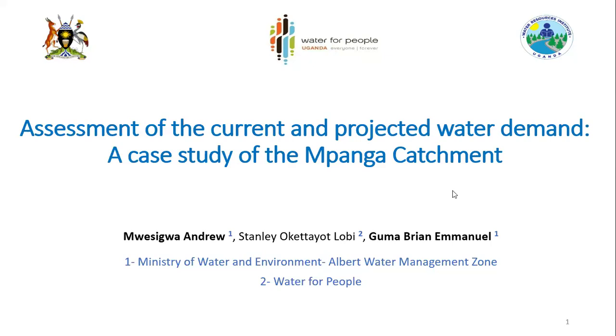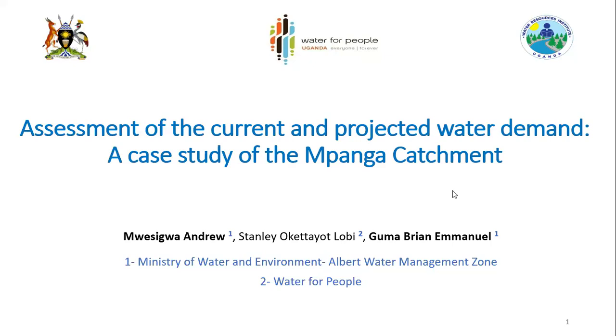I don't know whether this was part of the scope or is outside of it, but I would like to know: with the projected demand and the catchment restoration interventions or measures, do you think River Mpanga will be able to meet all those water demands in those years?